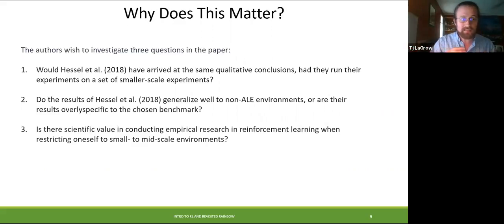And is there specific value in conducting empirical research in reinforcement learning where they restrict themselves to only small to mid-size environments? With these propositions, I'm going to pause here before jumping into the 6 different flavors of DQN and how that might help to update.